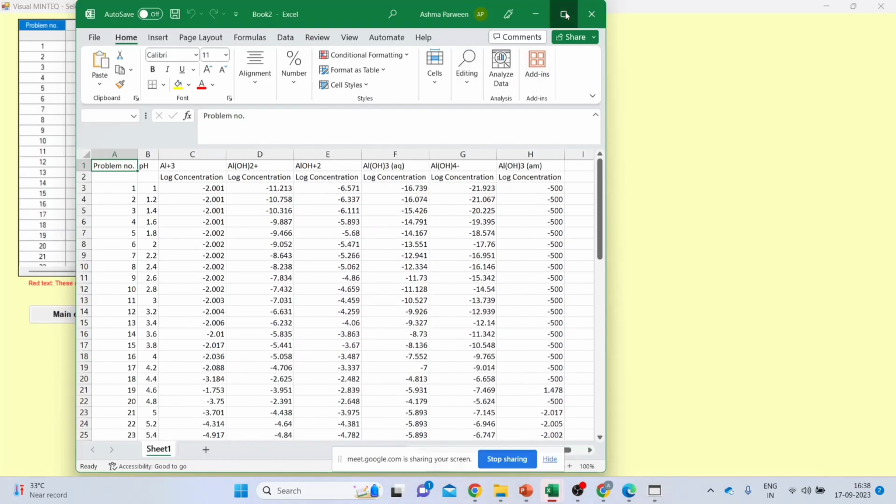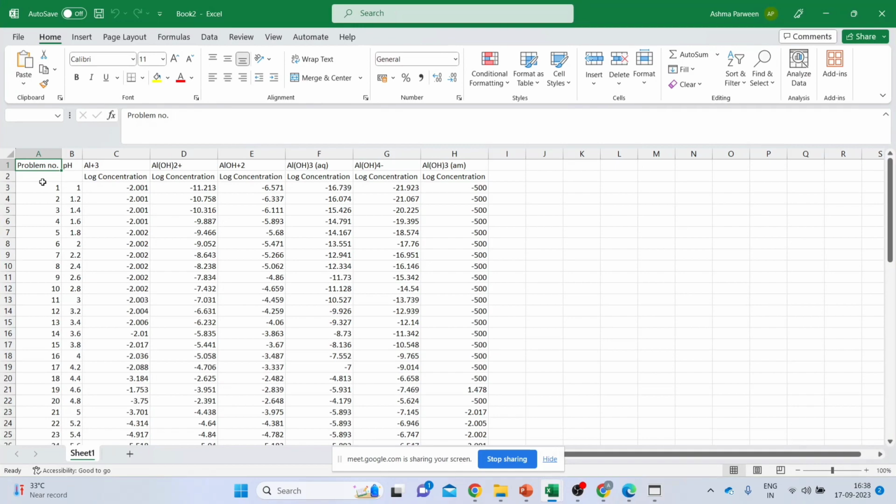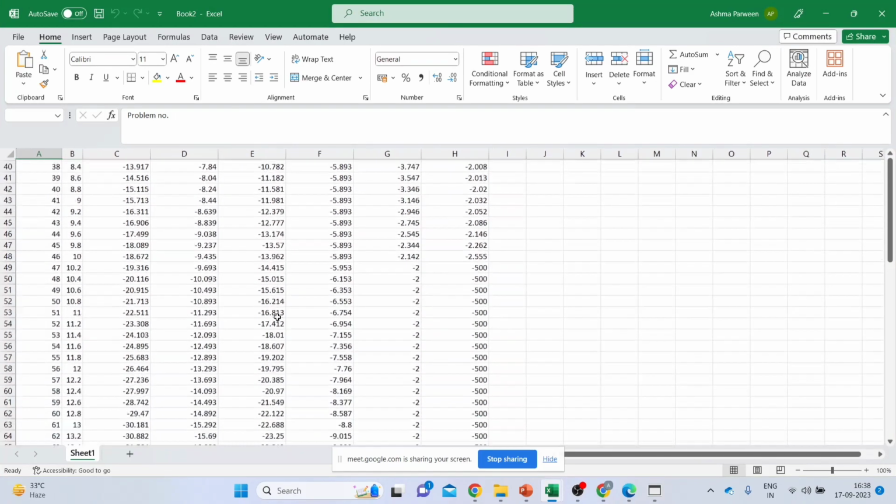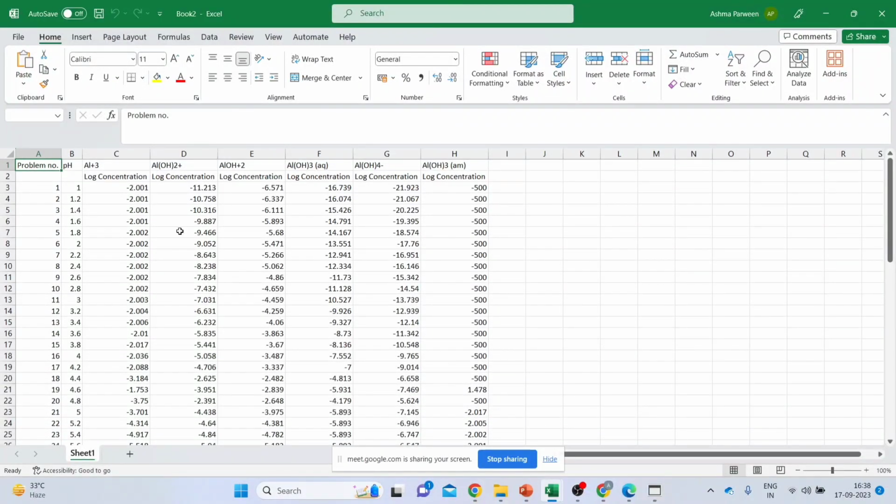So here we got the log C concentration of all the species along with its pH. We can plot a graph between log C of the species and pH.